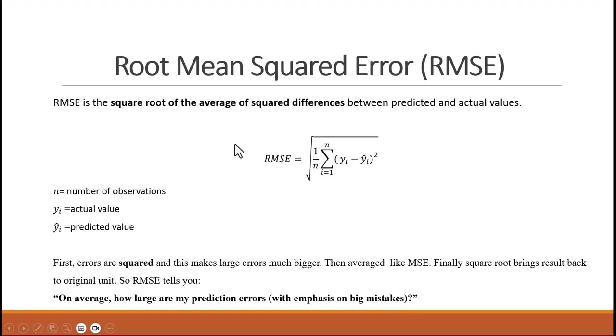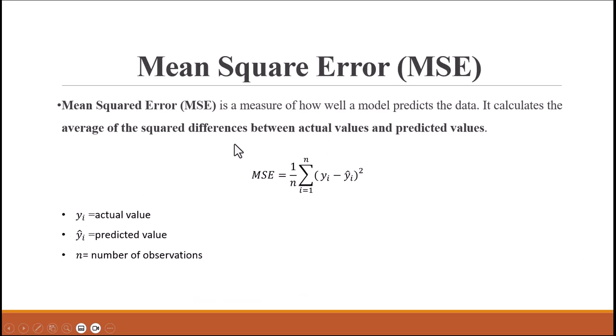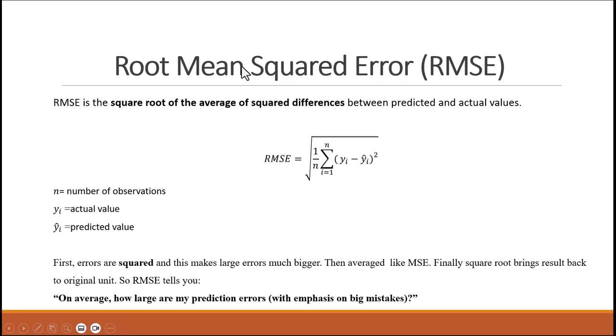The difference between root mean square error and mean square error is just the units. For mean square error we have units to the power of 2, and for root mean square error we have the simple units that we have for our metric.